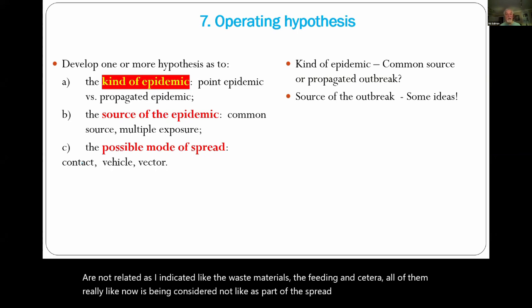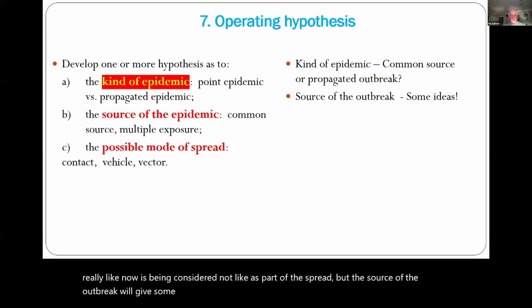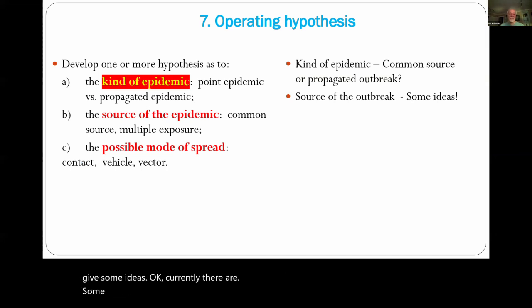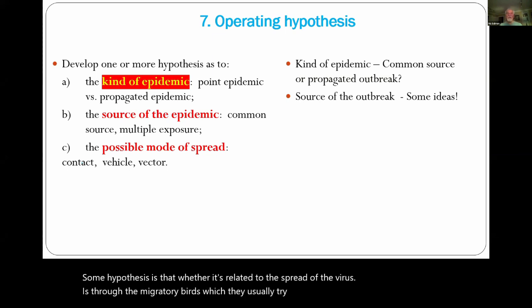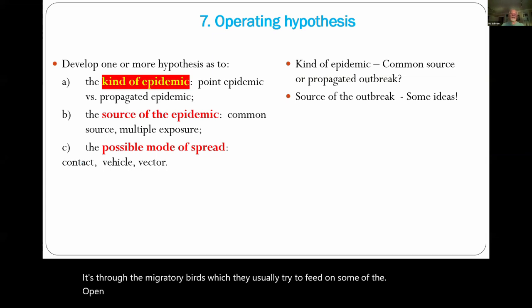But the source of the outbreak will give some ideas. Okay, currently there are some hypotheses on whether it's related to the spread of the virus through the migratory birds, which usually try to feed on some of the open air feed storage areas.